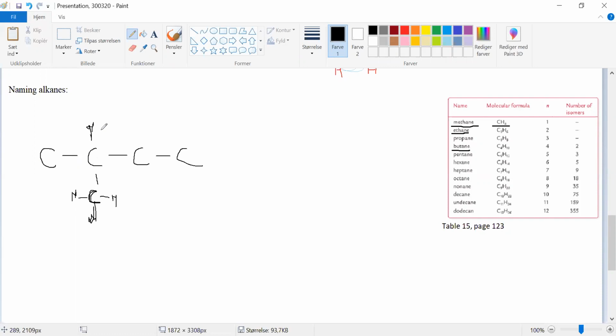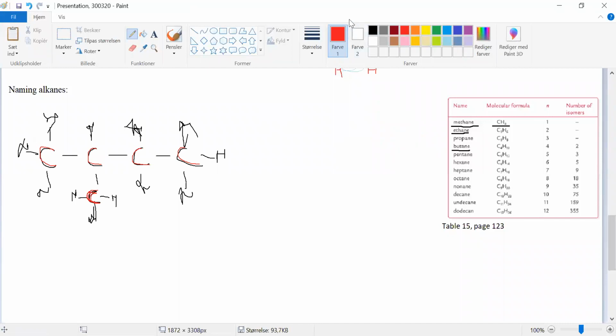Hydrogen, hydrogen, hydrogen, and so on. So let me just put the carbons in red because those are the ones that are interesting. There we go.